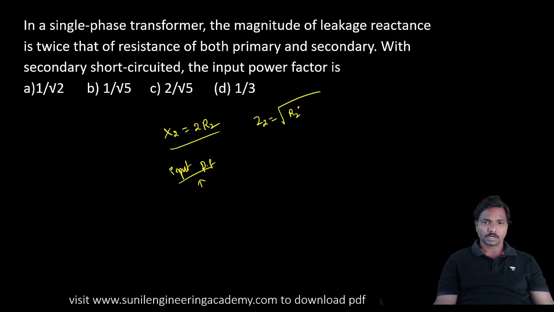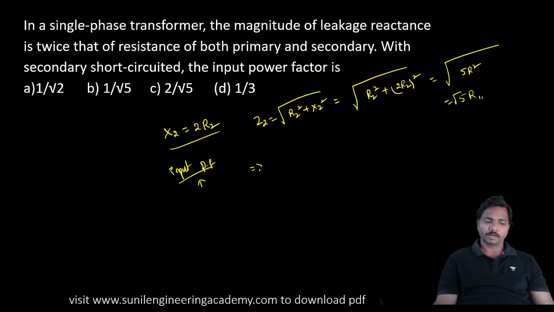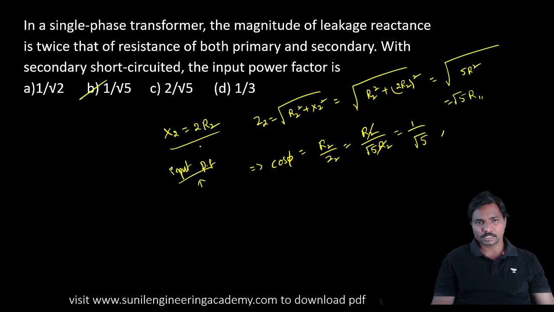Root of R2 square plus X2 square. R2 square plus X2 square means R2 square plus 4R2 square, that is nothing but 5R2 square, so Z2 is root 5 R2. Okay, if you want the power factor, it is R2 by Z2, so R2 by root 5 into R2. So you get 1 by root 5. So 1 by root 5 is the answer. So the answer is option B.